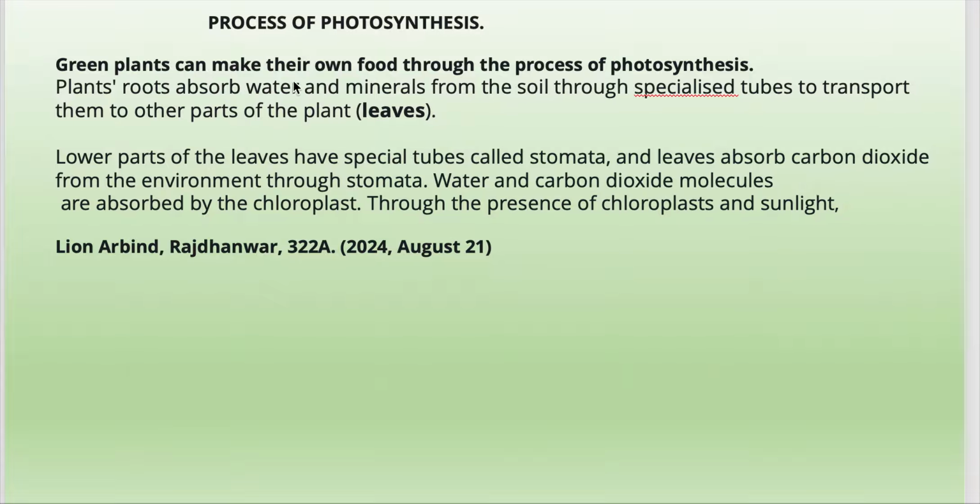Green plants can make their own food through the process of photosynthesis. Plant roots absorb water and mineral salts from the soil, transporting them to the parts of the plant, especially the leaves. The lower parts of the leaves have special openings called stomata, and leaves absorb carbon dioxide from the environment through the stomata.